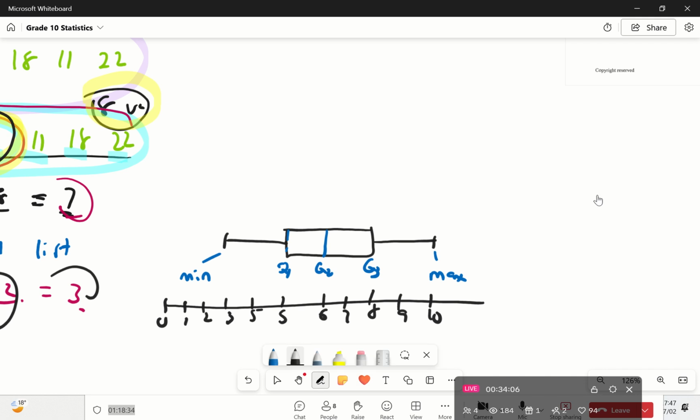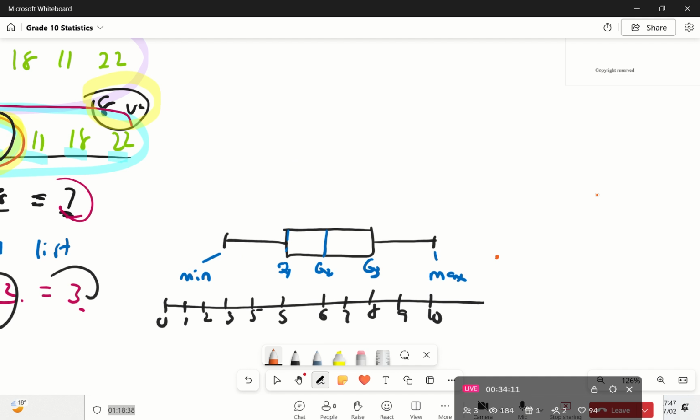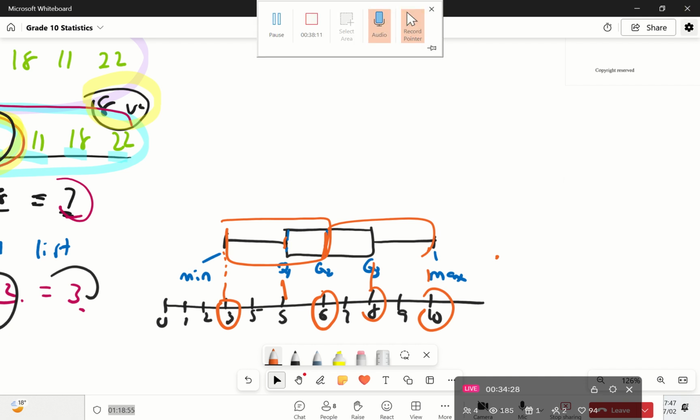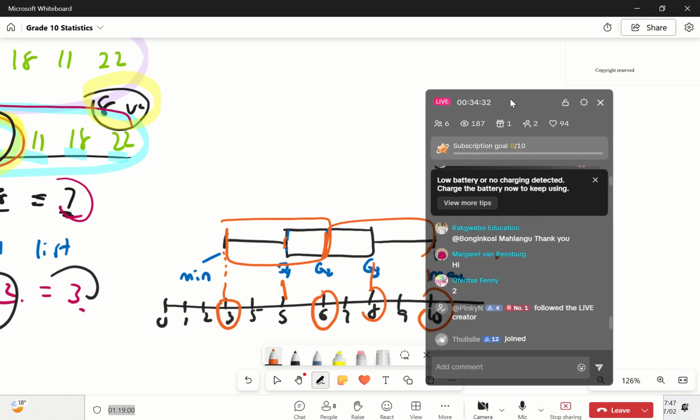So you might find, just as an example, that the lowest performing learner in the class got a 3, the highest performing learner got a 10, then the learner in the middle of the data got a 6, and the learner in the middle of the first part of the data got a 5, and the learner in the middle of the second part of the data got an 8. If you didn't attend last week, this could be Greek, but it is absolutely easy. You guys remember that. It was just so easy how we derived it.